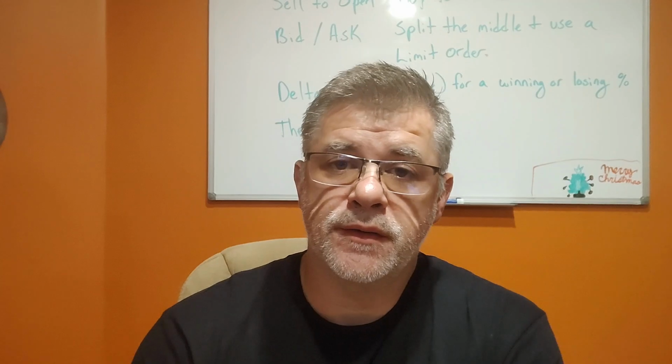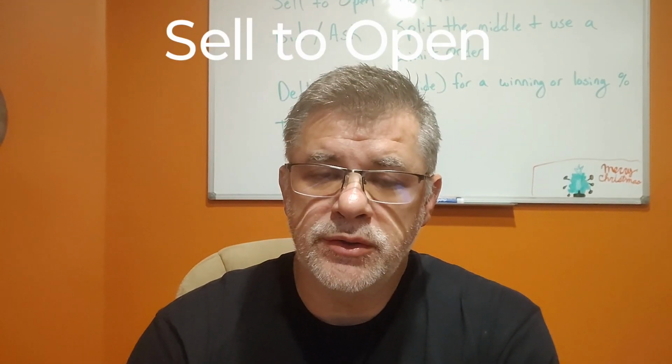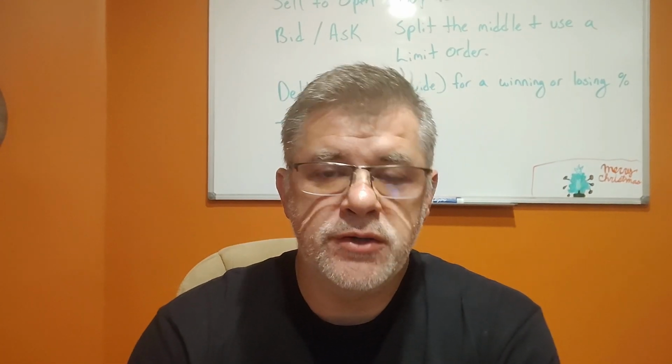Okay, the next thing that you need to know is the terminology. When you're selling a call, you sell to open. So when you go in to make your trade, you go to the options chain, you pick the option, and then you click sell to open. That's confusing because you've probably never done that before.